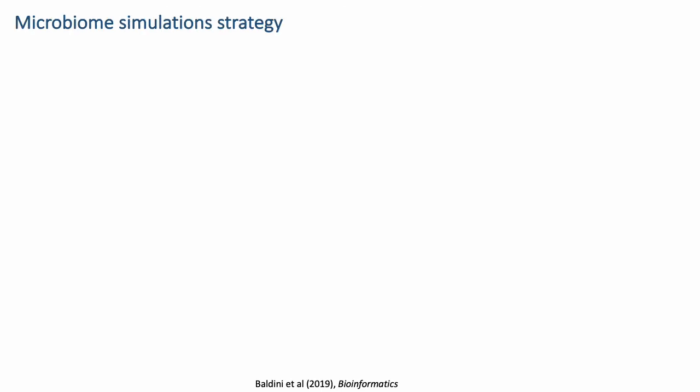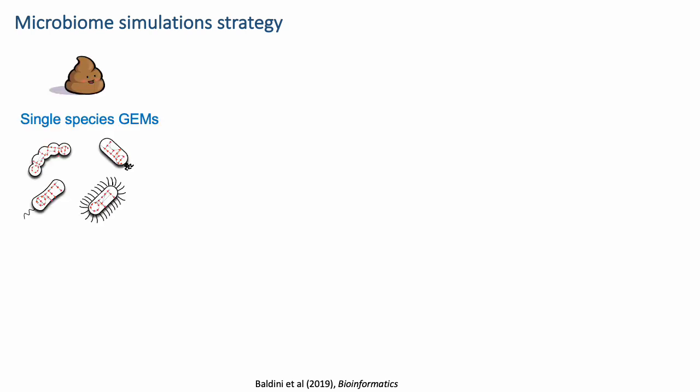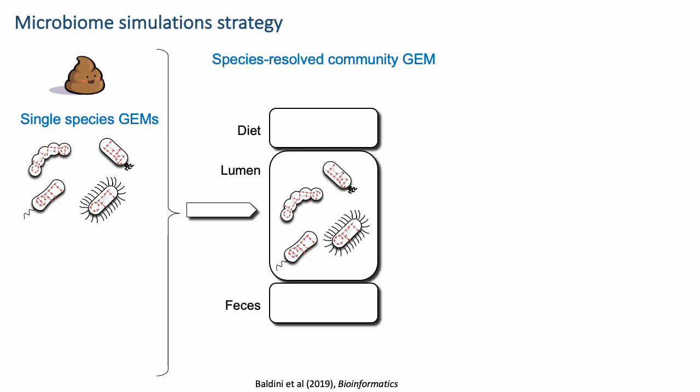So the next step then would be to integrate these individual species models into a community model, and we do this by following the same procedure as in the Microbiome Modeling Toolbox, again from Ines Thiele's lab. We implemented everything in Python with some minor modifications, but briefly, for each fecal sample we integrate gems of individual species present in that sample into a community model which has 3 compartments.